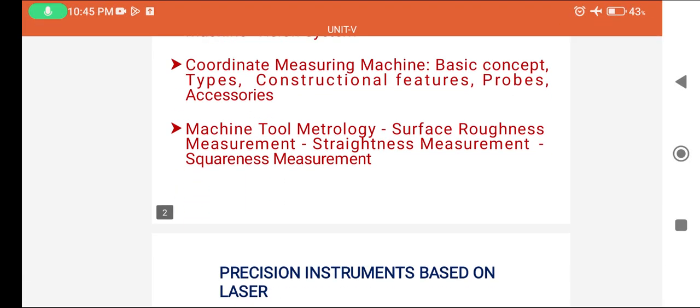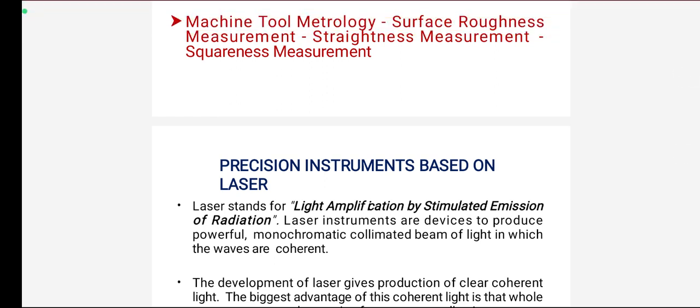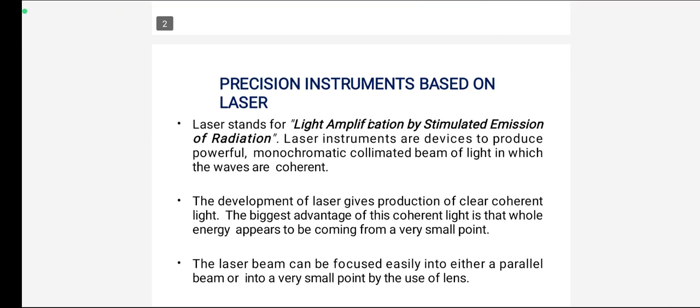So now we go for the precision instruments based on the laser. Laser stands for light amplification by stimulated emission of radiation. Laser instruments are devised to produce the powerful monochromatic collimated beam of light in which the waves are coherent.